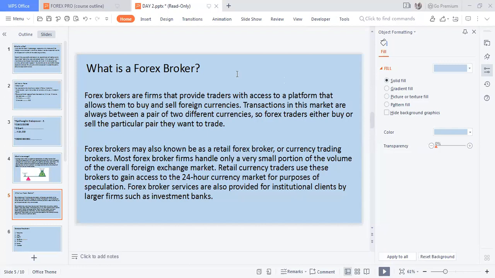The next one is brokers. Brokers are firms that provide traders with access to a platform that allows them to buy and sell foreign currencies. Transactions in markets are always between a pair of two different currencies. So forex traders either buy or sell the particular pair they want to trade.